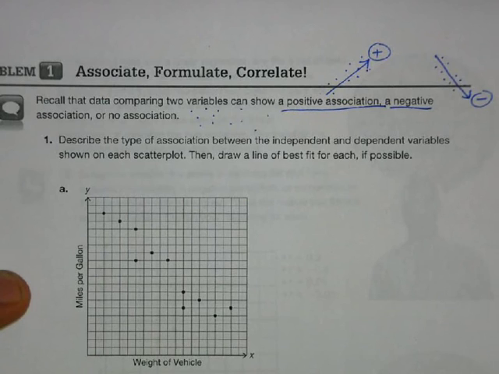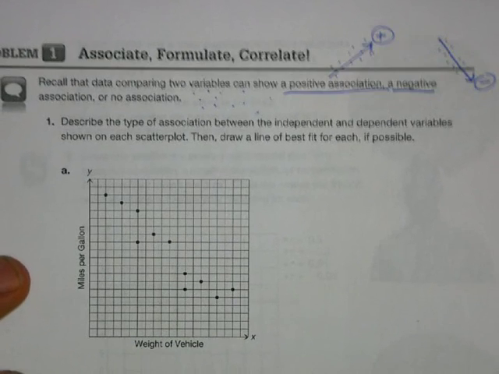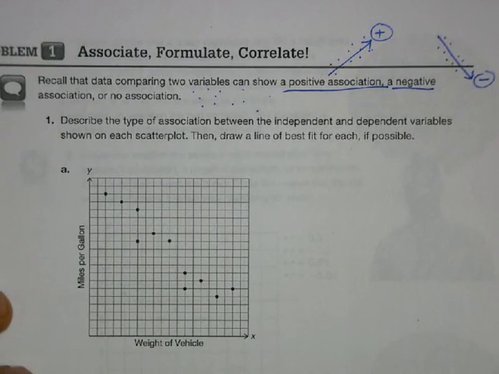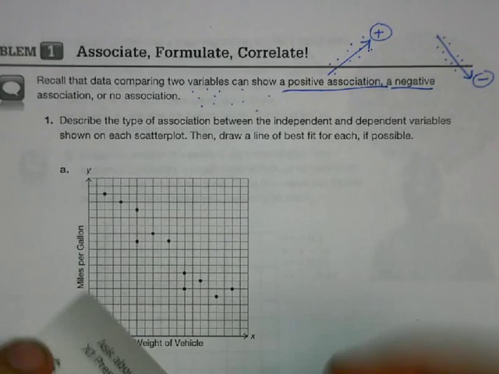I don't know, that looks pretty good. We'll just put a line right there. You notice the data is all around the line, and the line, from left to right, is going down.